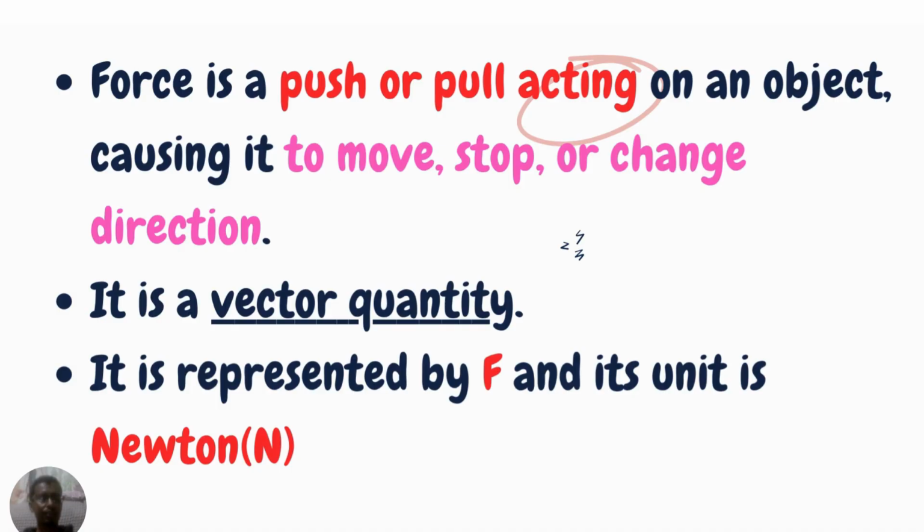Force is a vector quantity. It is expressed by both magnitude and direction. When we represent force in algebraic form, it is represented by a bold capital F, and its SI unit is the Newton.